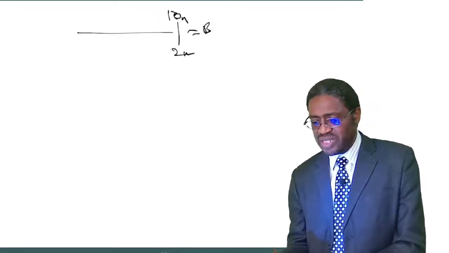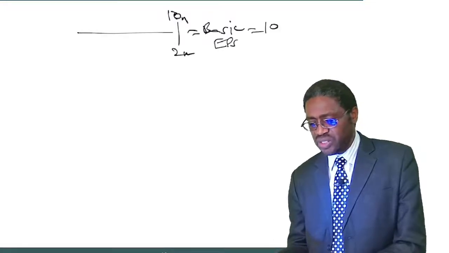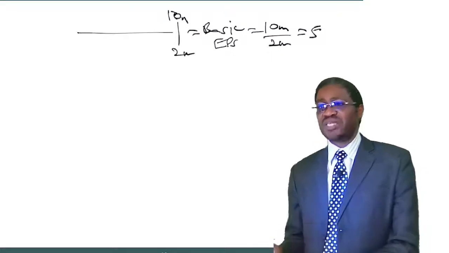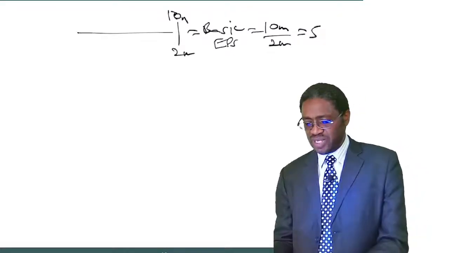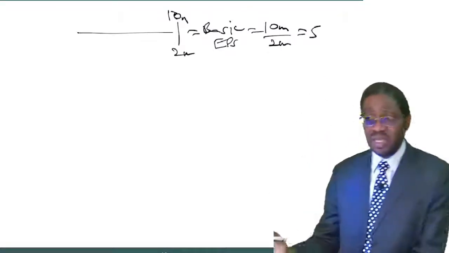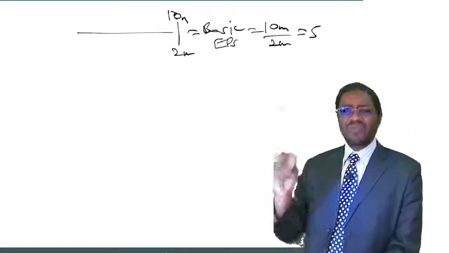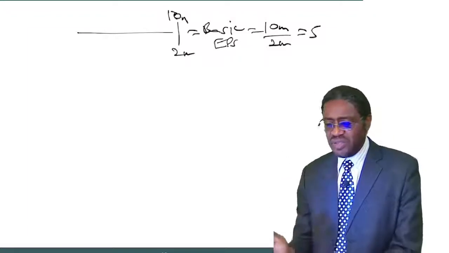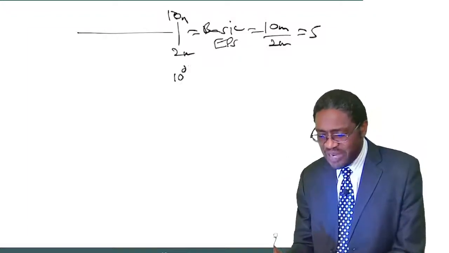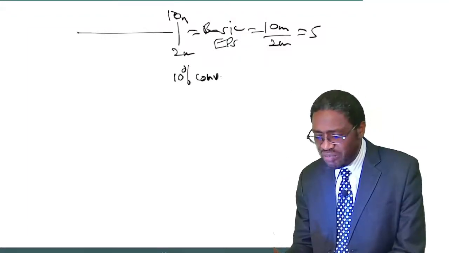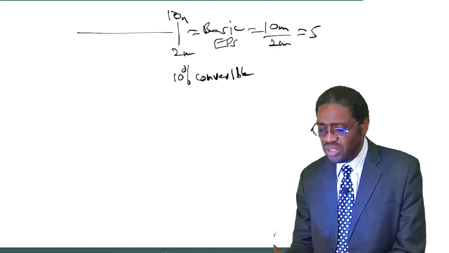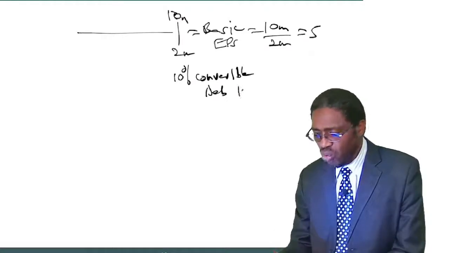So your basic EPS was 10M divided by 2M, that comes to 5. Listen, but at the same time, by the end of the year, your company had a 10% convertible debenture worth 10 million.